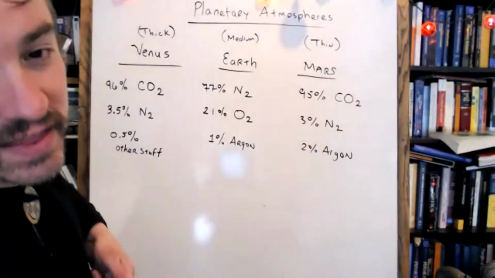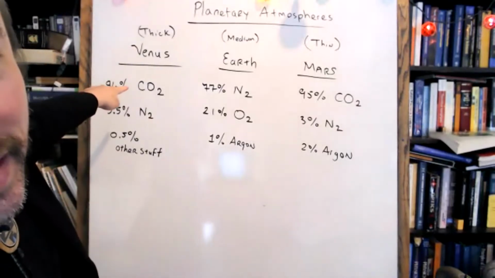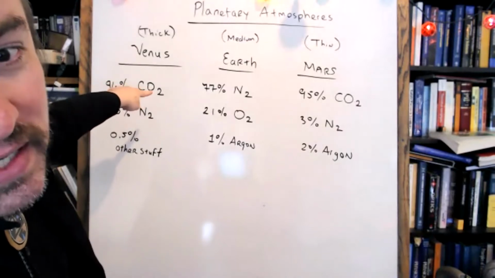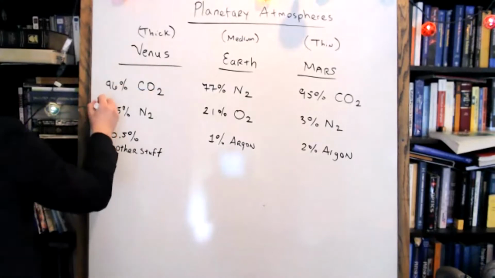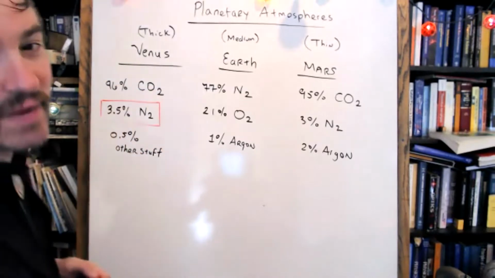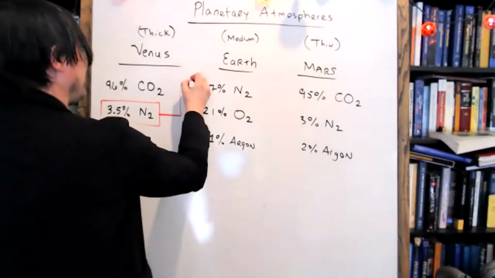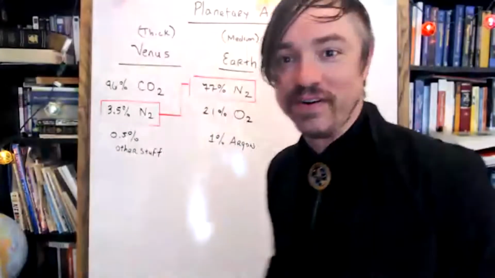Here's a cool statistic that I learned. If you could take a planetary-sized vacuum cleaner and just suck up all of the carbon dioxide on Venus, its remaining 3.5% diatomic nitrogen would be equal in mass and volume to the 77% nitrogen of Earth.